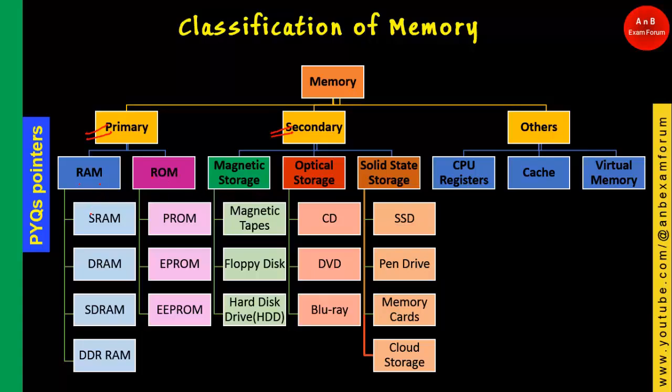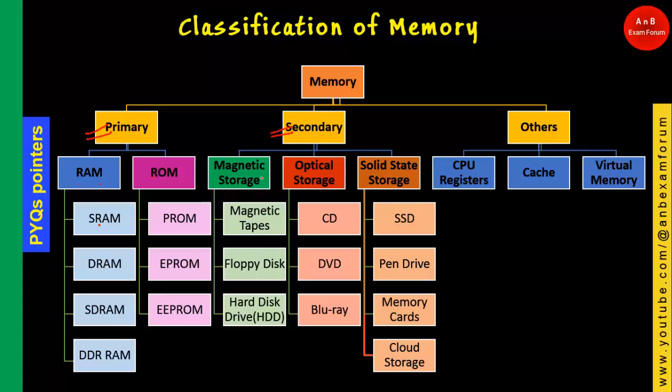And just remember, there are four types of RAM: SRAM, static RAM, dynamic RAM, synchronous dynamic RAM, and double data rate RAM. Similarly, read-only memory has three types: PROM, EPROM, EEPROM.